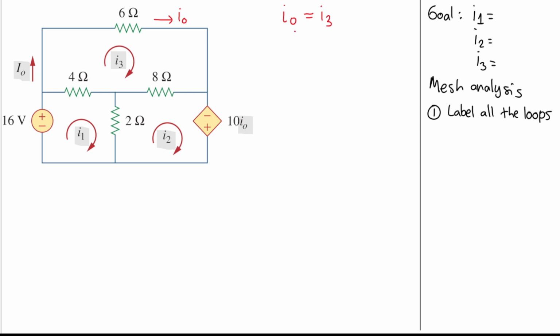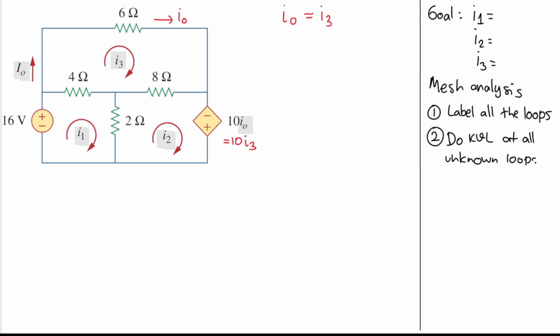And what is the consequence? We know that this one here, 10 I0, will equal 10 I3. That will be helpful because we will do KVL for all the unknown loops, and we already have I3 here. It is the same, right? So we need to do KVL at all unknown loops.